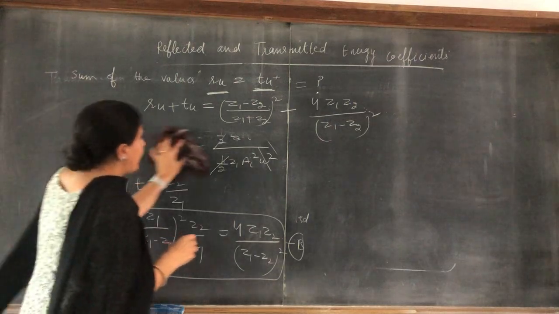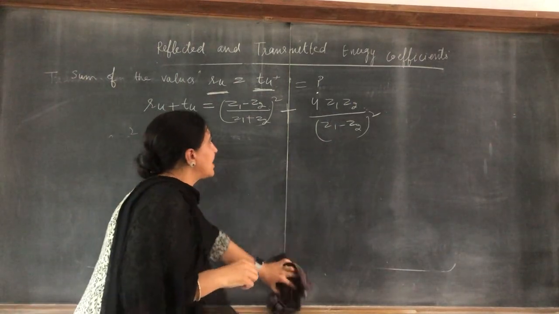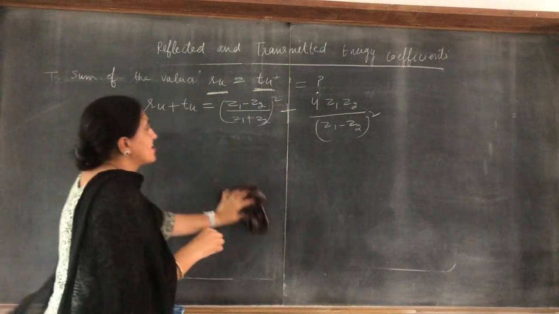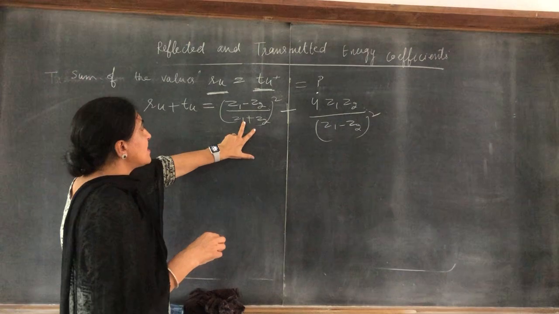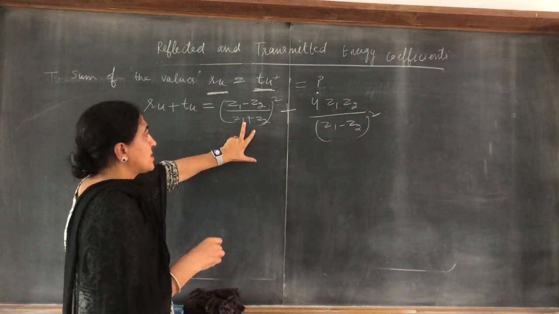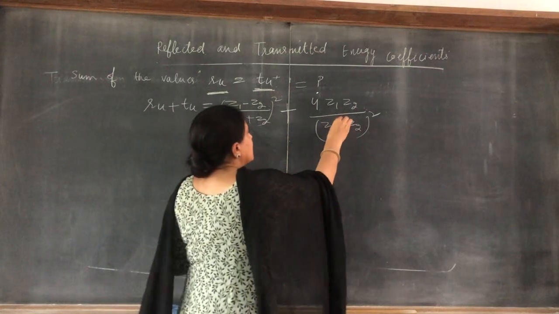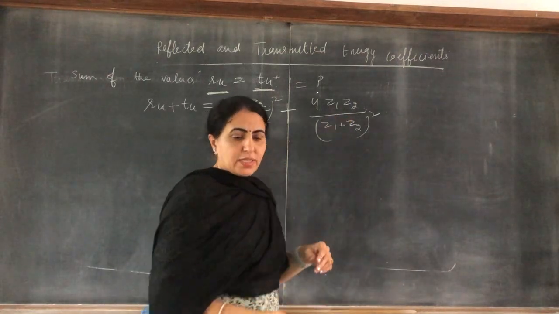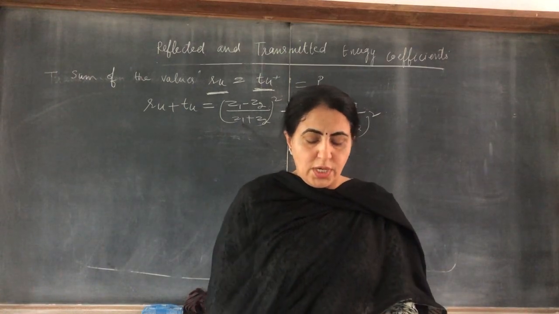Now we have to add these two. This is Z1 plus Z2 square, this is also Z1 plus Z2 square.